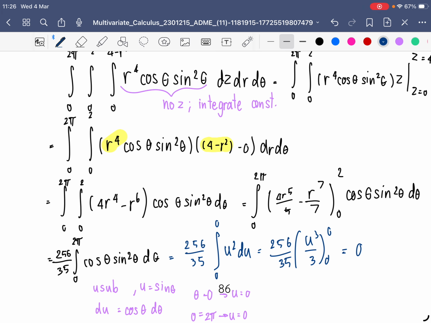Okay. Now the next one. I have to find the volume of E where E is a solid region in the first octant, so x, y, z are nonnegative, bounded by the surfaces.